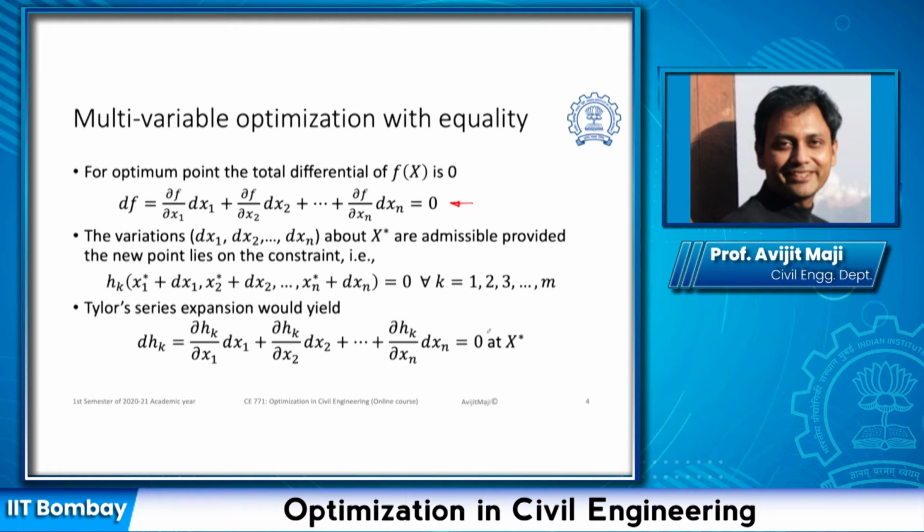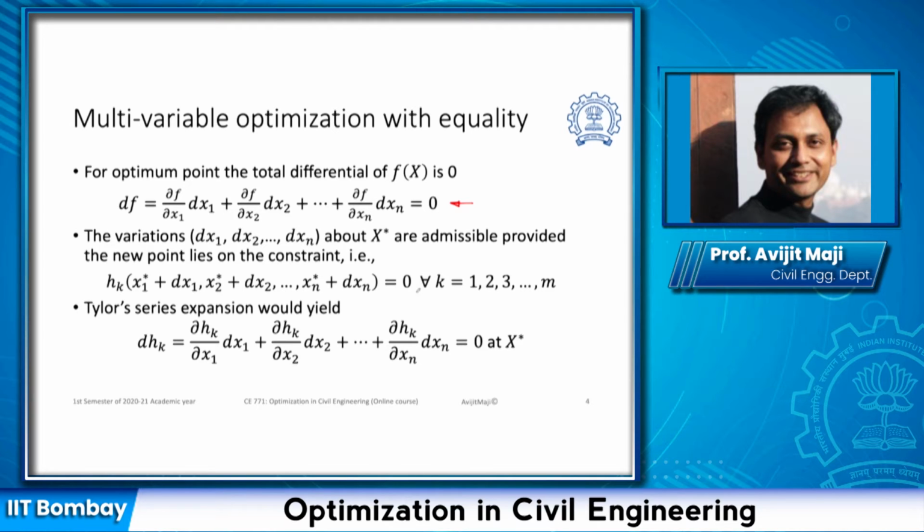Now if we take some variation about the optimum point x star, and want to see whether the new point lies within the constraint or not, then we must check the constraint for the new point with the variation, and the constraint should be equal to 0 for this multivariable optimization problem with equality constraint.